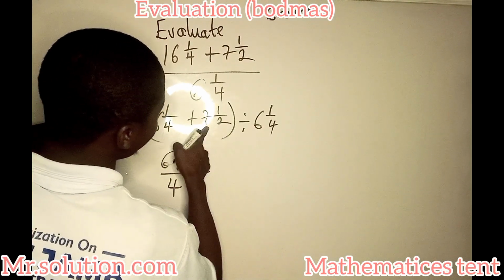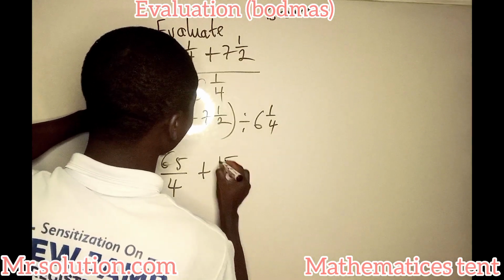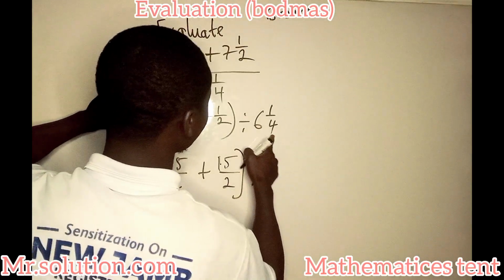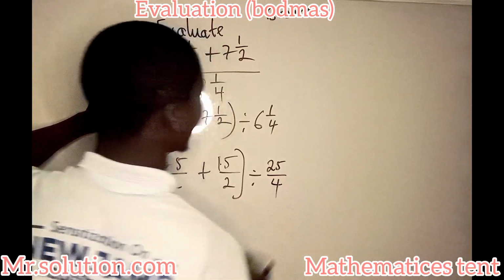Then 2 times 7 is 14, plus 1 is 15 all over 2, in bracket, divided by 6 times 4 is 24, plus 1, 25 all over 4.